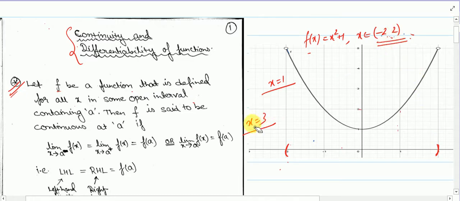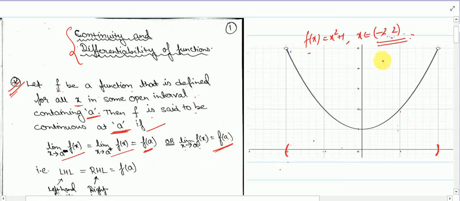So that's what it's trying to say, that if f is a function that is defined for all x in some open interval containing a, then f is said to be continuous at a if left hand limit equal to right hand limit is equal to f of a, or in short we can say limit of f of x when x tends to a should be equal to f of a.